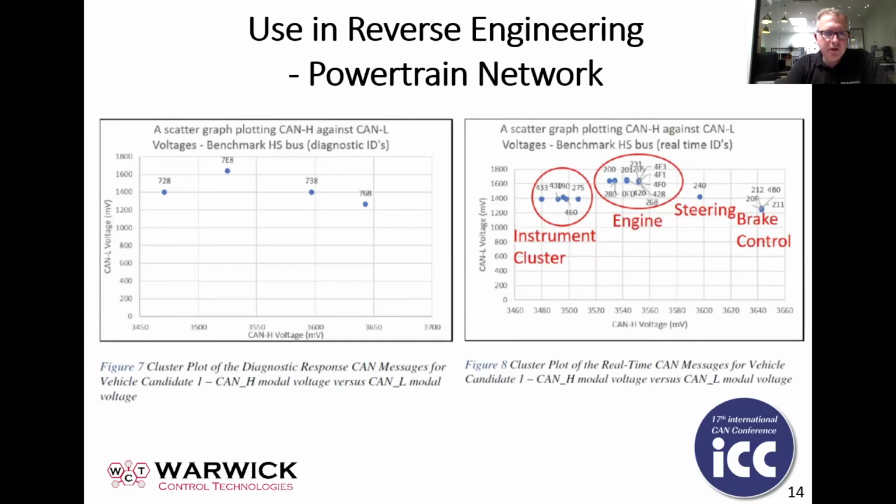And we knew that, for example, 728 in this case was the instrument cluster, 7E8 was the engine, 738 was steering, and 768 was the brake controller. And then you can compare on the right-hand side, where you've got a cluster of CAN electrical signatures for the instrument cluster, the engine, steering, and brake control. That's a simple powertrain network.